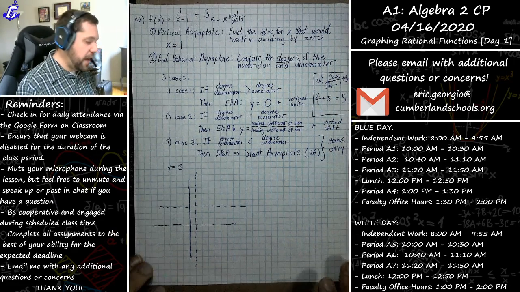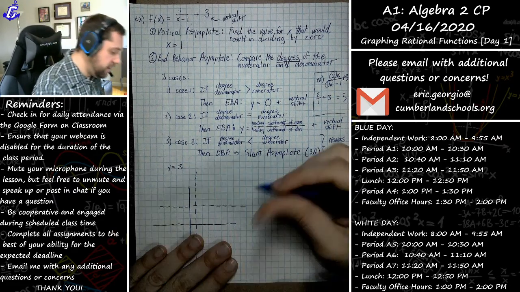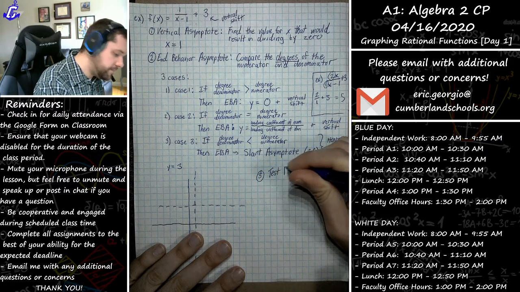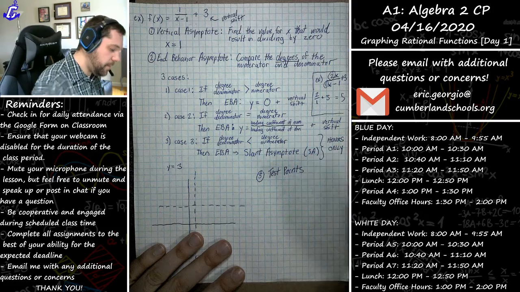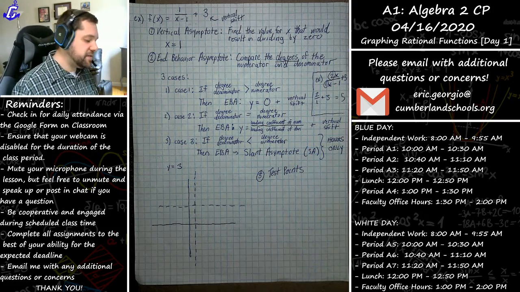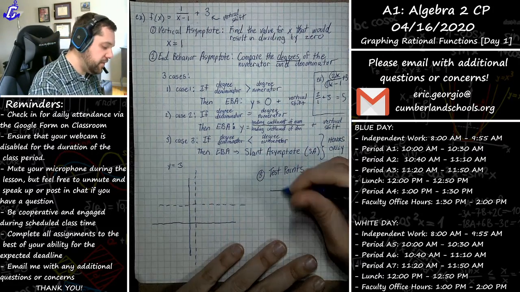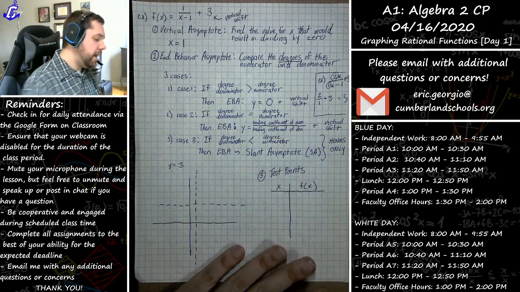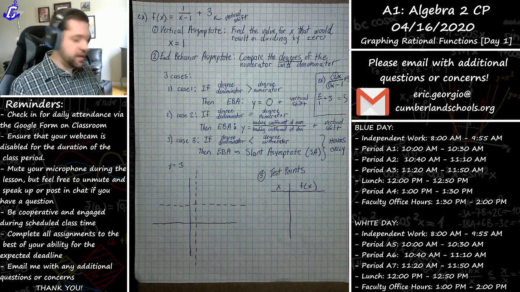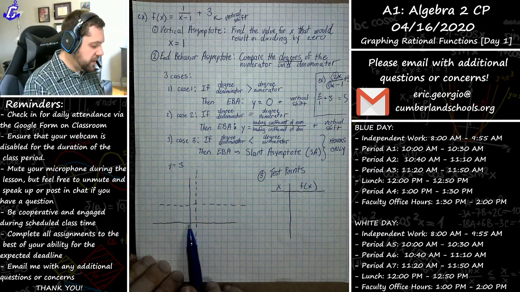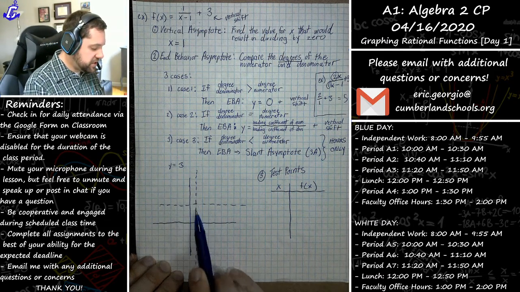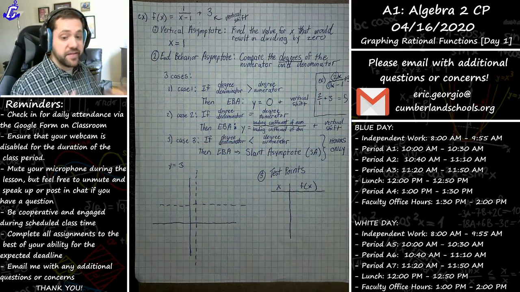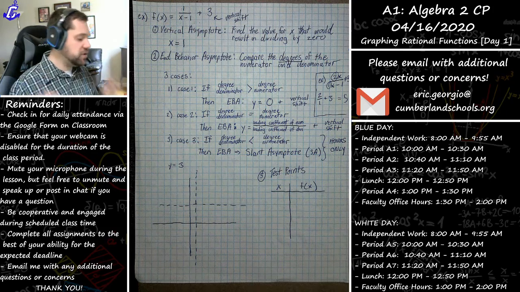So what we can do now is test some points. In order to test some points, I'm going to create a little table of values. And I'm just going to very quickly plug in 2 values to the left of this little cross section here, and 2 values to the right, just so I can get a nice picture of what my function looks like.